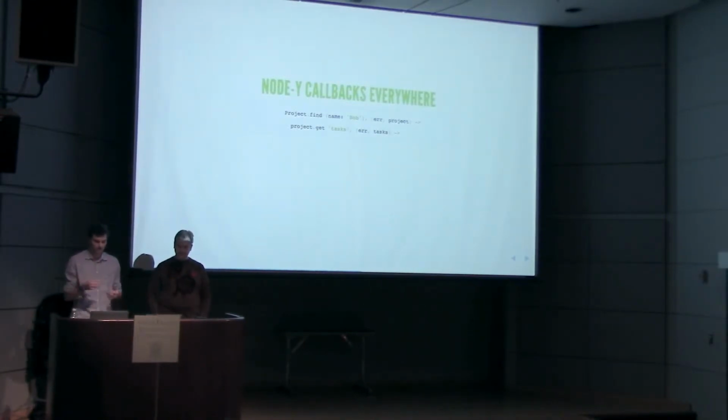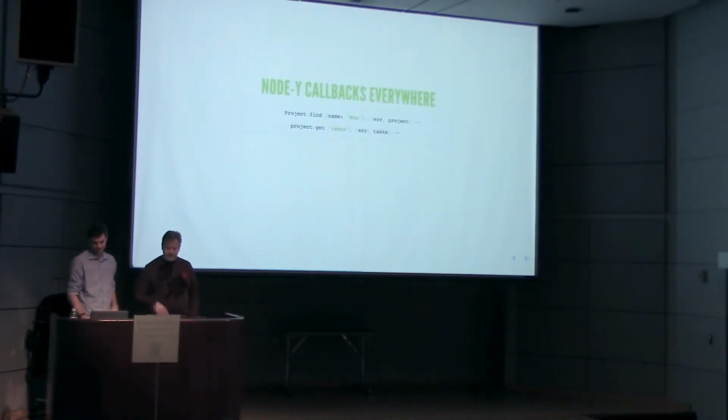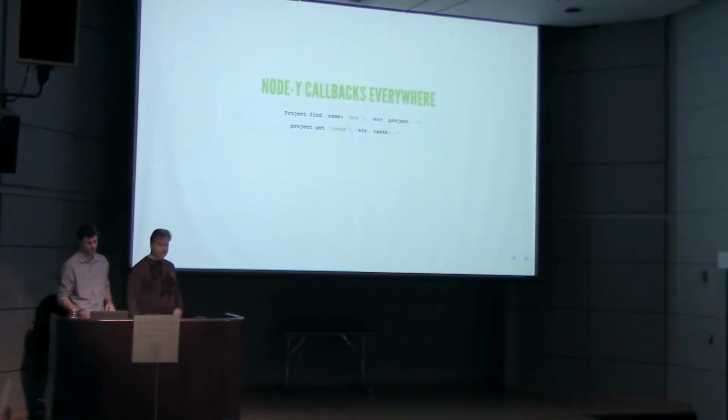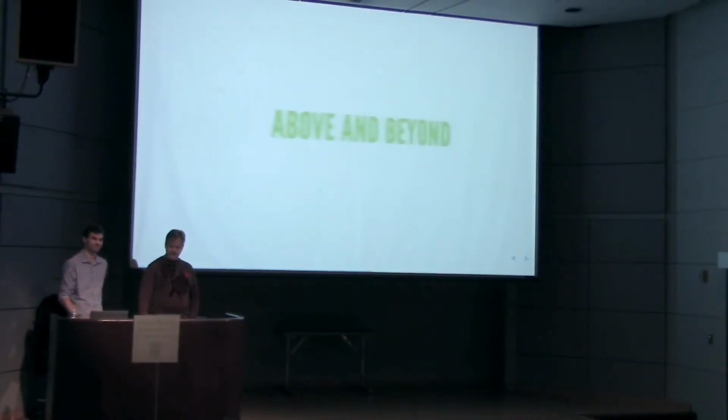So it also unifies Backbone's kind of icky callback style to use Node's. And the great thing here is that if the tasks are already loaded, you can just use the normal synchronous get tasks from Backbone that you're completely familiar with. So that's an example of the consistent API that we're looking for across client and server. It's just great.